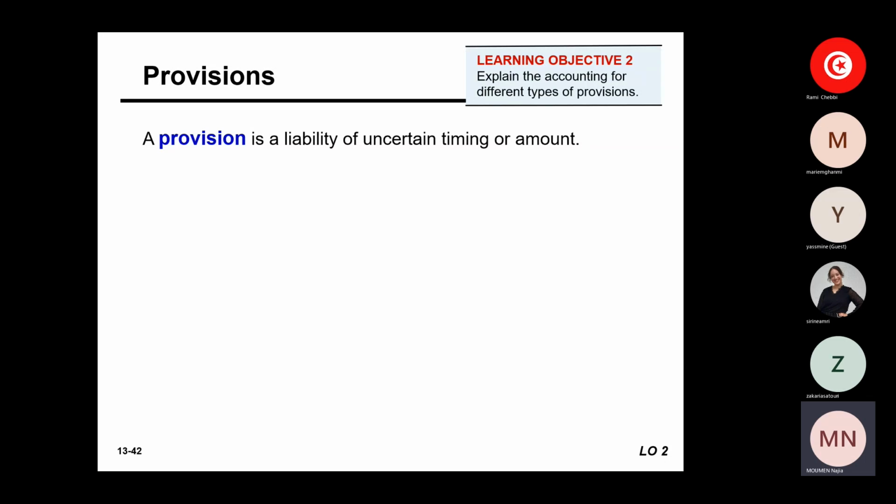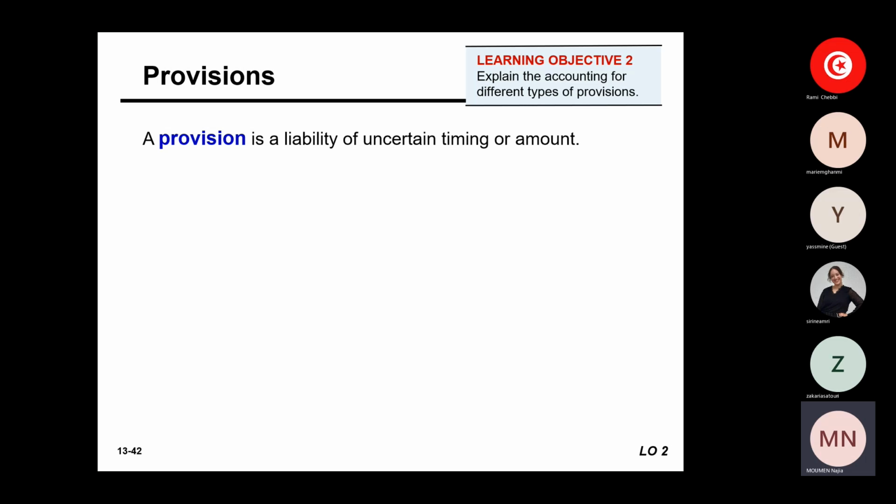So first of all, what is a provision? A provision is a type of liability, but in this situation it is a liability where we have uncertainty regarding the timing, meaning maybe the maturity date.